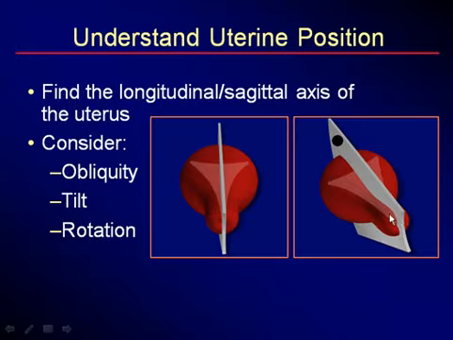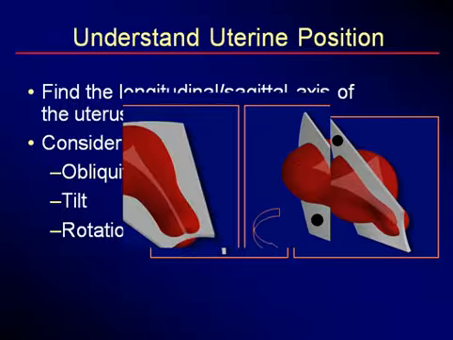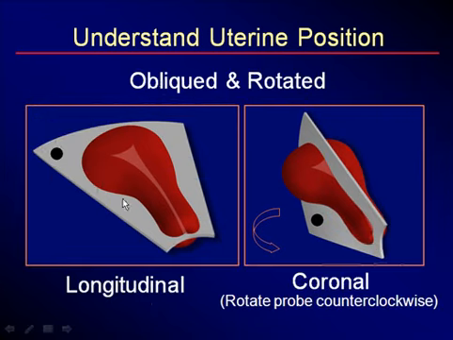We would have followed it through the cervix into the endometrial cavity, and we realize that the longest axis is tilted from midline. It can also be obliqued and rotated. Sometimes the uterus is obliqued, so to get its longest axis, we have to actually rotate the beam.